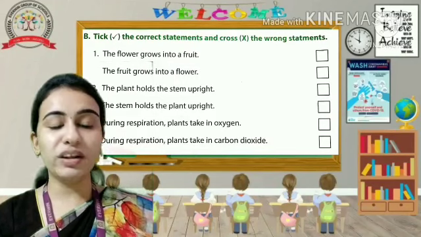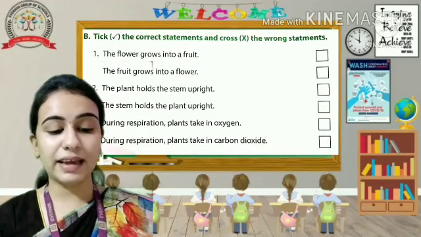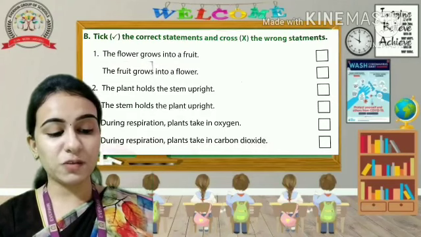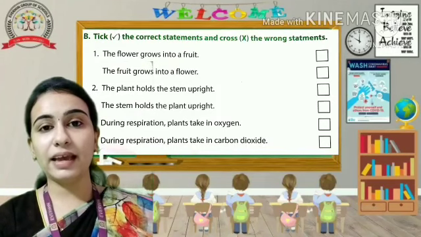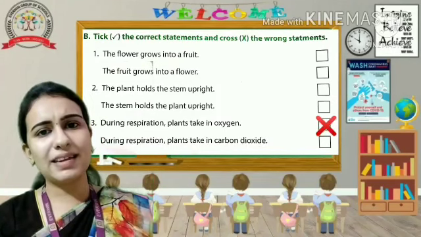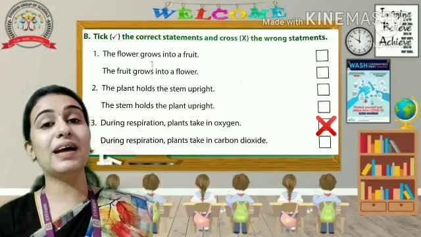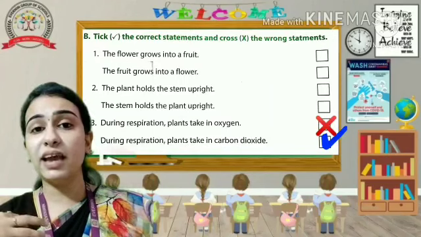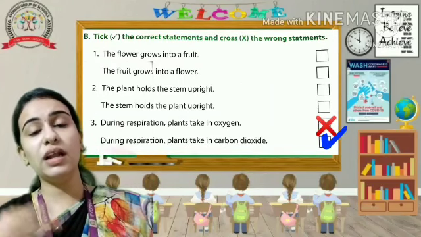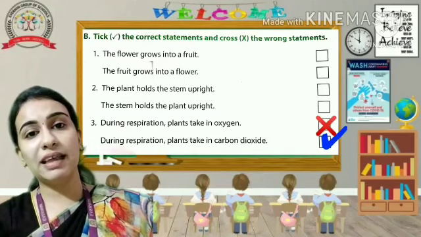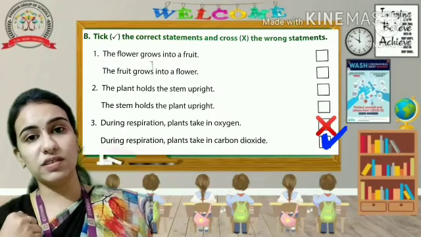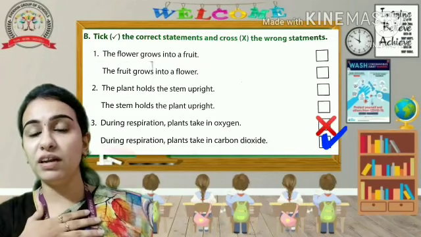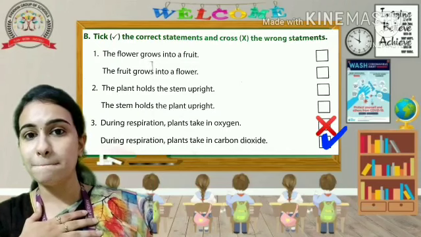Third one, during respiration, plants take in oxygen. Will the plants take oxygen, children? No, the plants will give out oxygen and take carbon dioxide. We need oxygen to breathe, right?